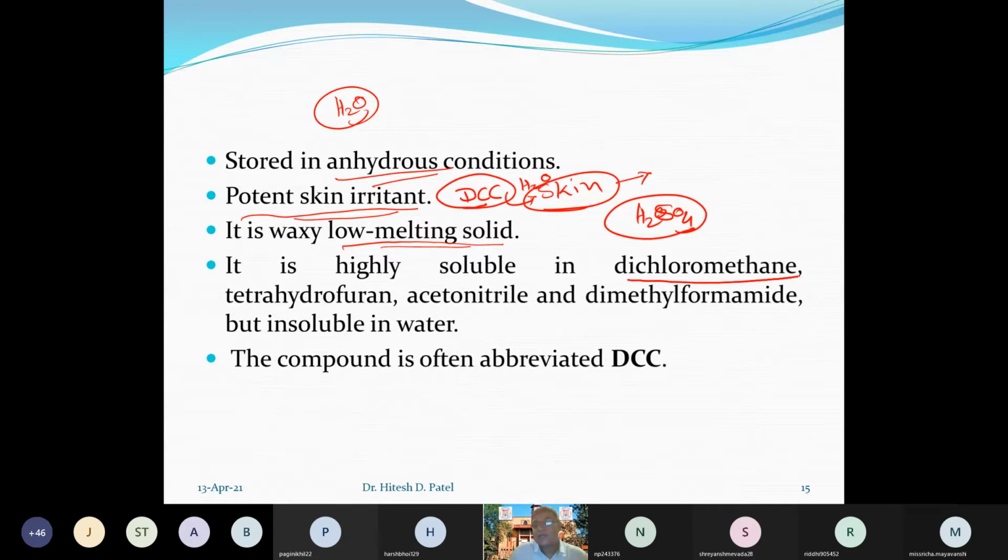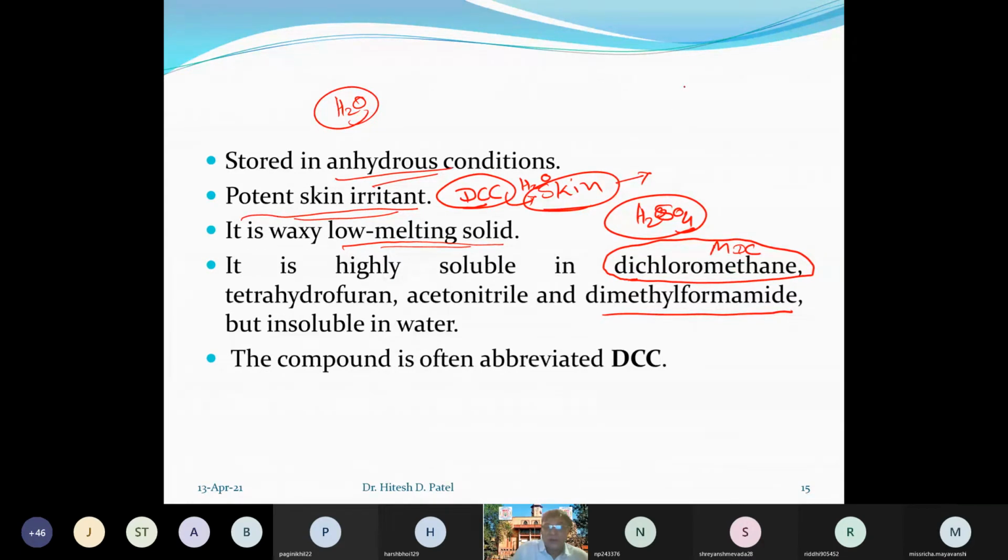This is the most important characteristic. Organic solvents like dichloromethane, another name MDC, tetrahydrofuran, acetonitrile, and DMF, which is dimethyl formamide. So this compound is highly soluble in most organic solvents.